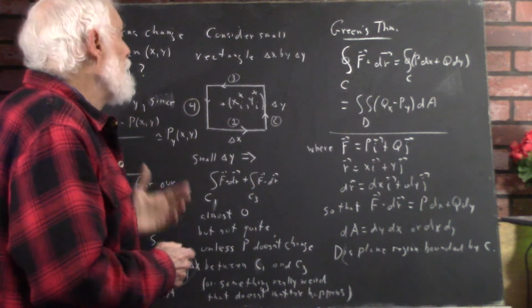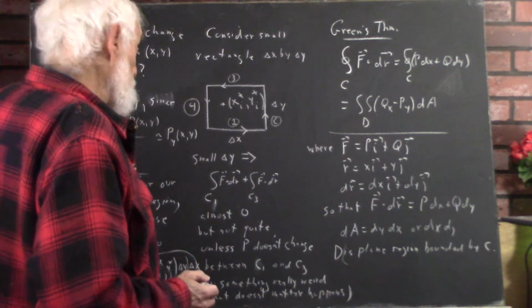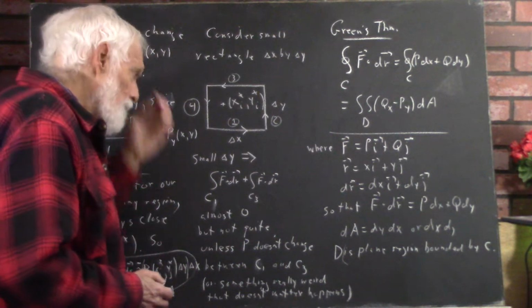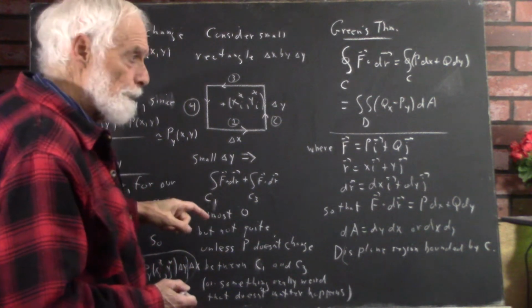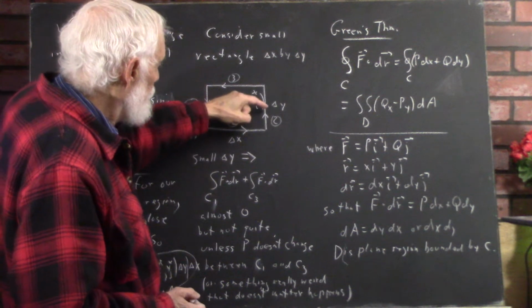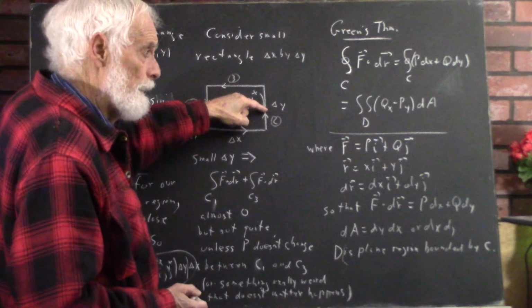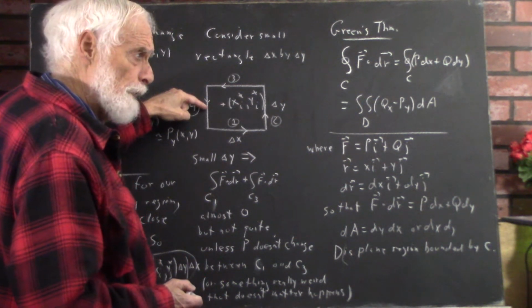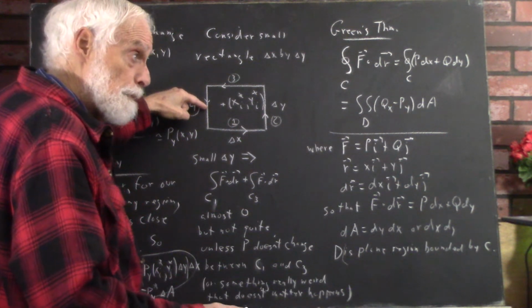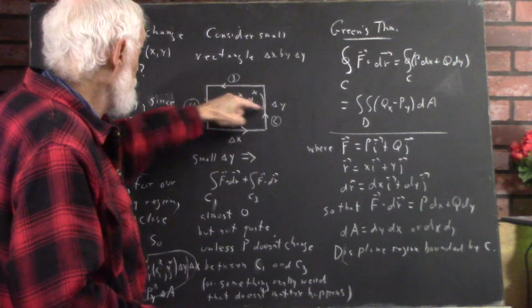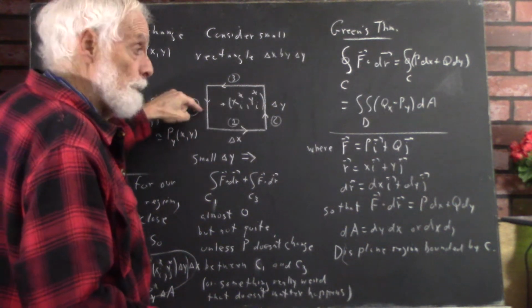Okay, a similar thing happens. The only thing that influences the difference in the value of the function on this path and the value of the function on this path is the x derivative of Q. So only the x derivative of Q matters between here and here.